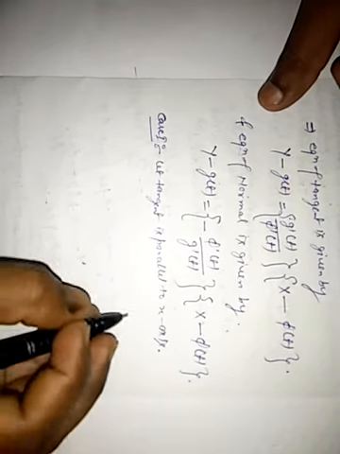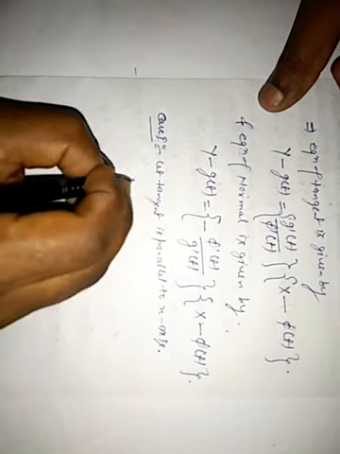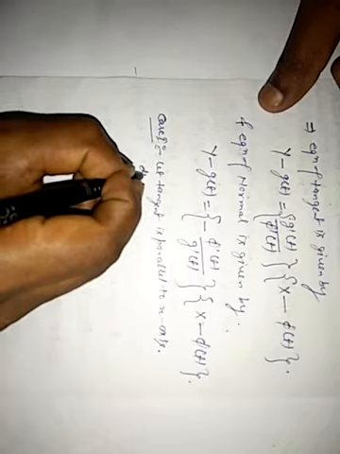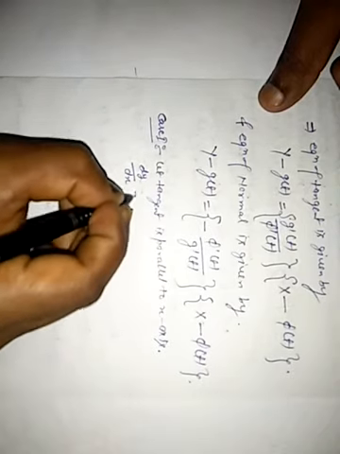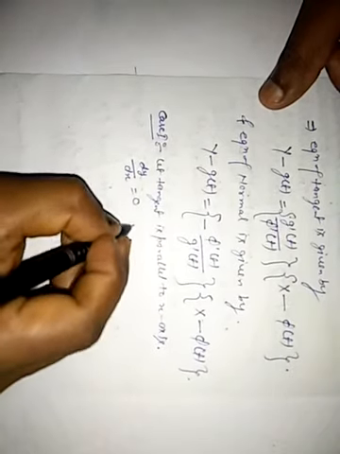Then what will happen? This implies that dy upon dx is equal to 0.